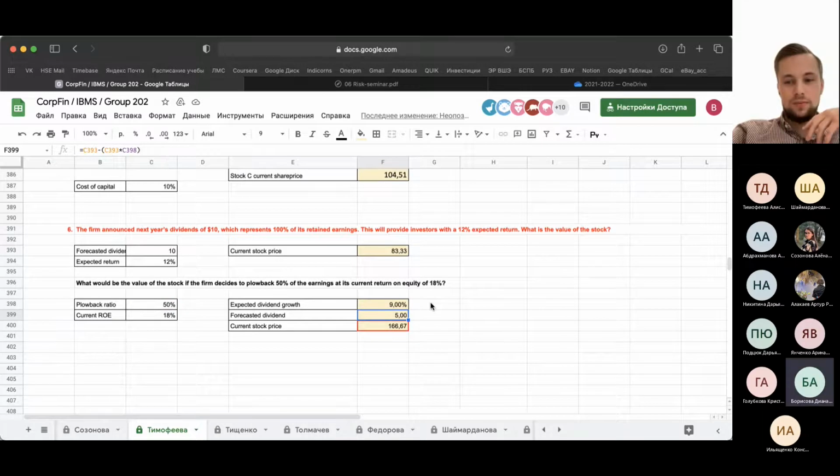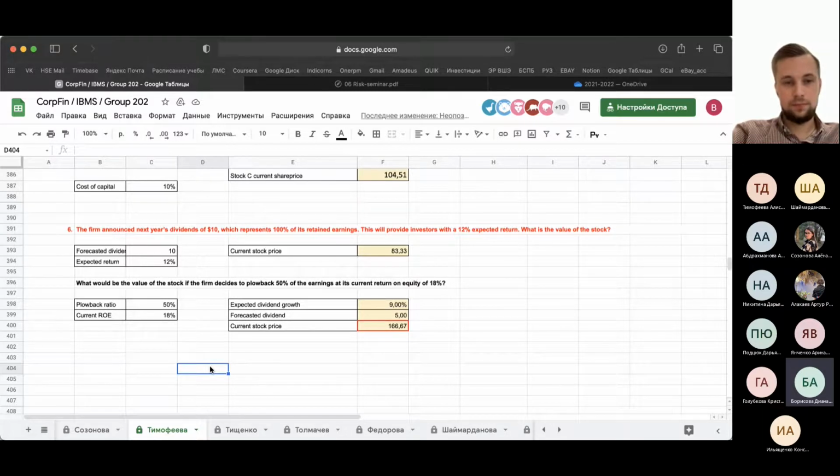I can try to do it. Actually, I think that the expected growth of the firm depends on how much money we reinvest in our firm. If we put all the money in dividends, then we don't have growth at all, and it is equal to 0.